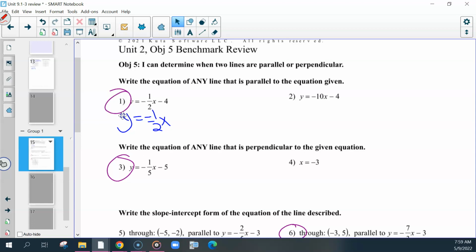Anyone else have the wrong one? We're going to switch to the other one.